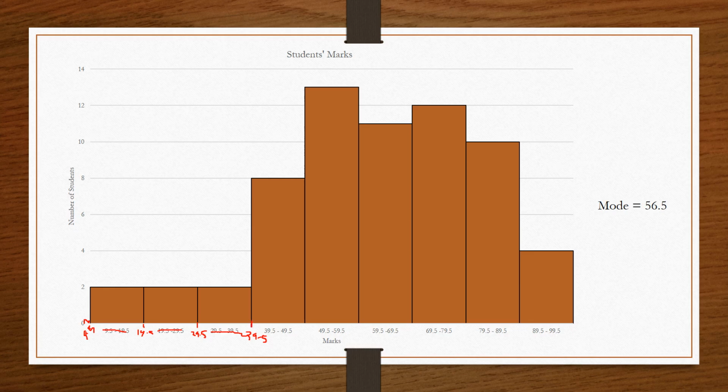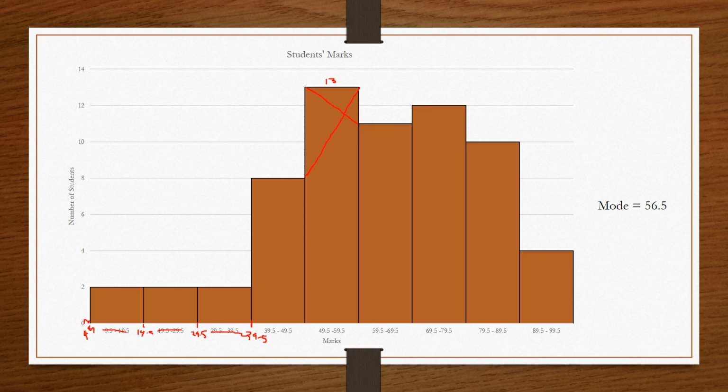To find the mode, we locate the highest bar, the bar with the highest frequency. Then join the vertex to the next bar, and this one to the next bar. Use your meter rule.